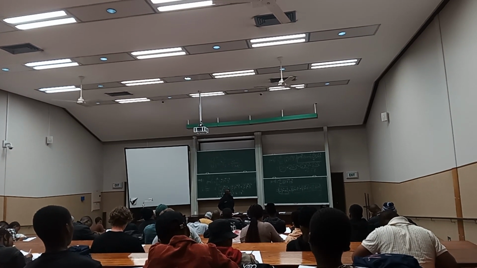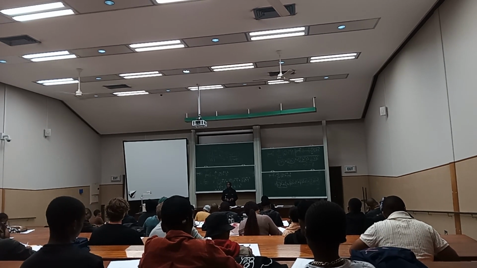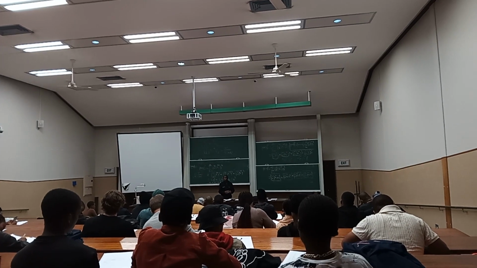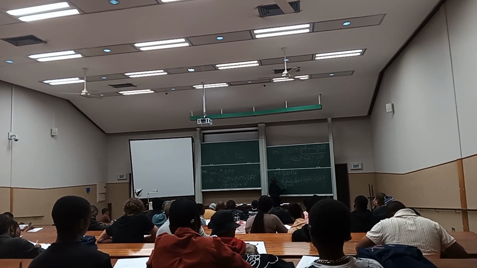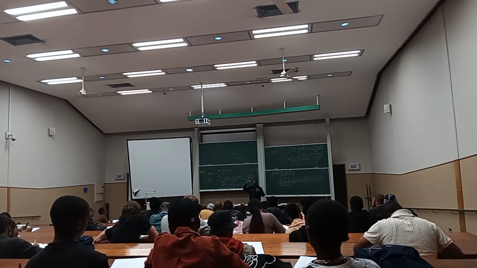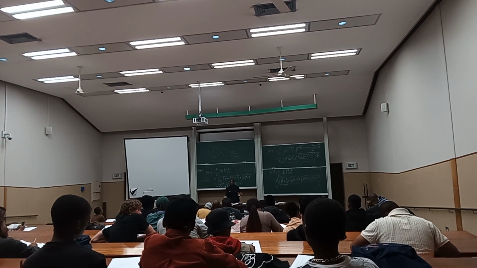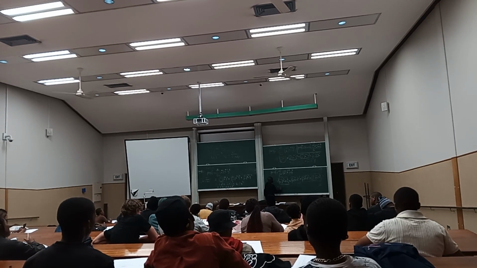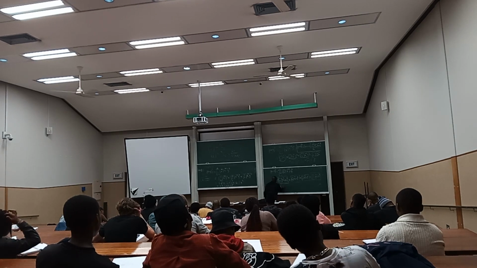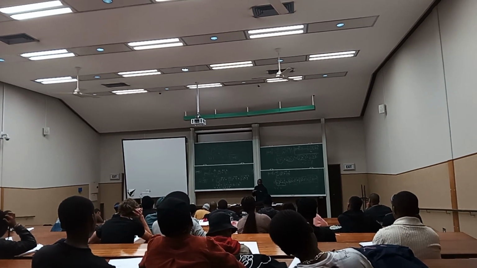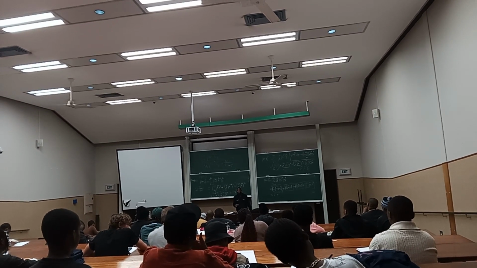Once you have the terms, now you can start putting them. 3 choose 0 is what? 1. Yeah, 1. Okay, good. So the answer will be x cubed. Then 3 choose 1 is what? 3.